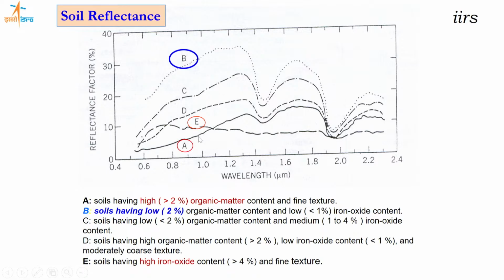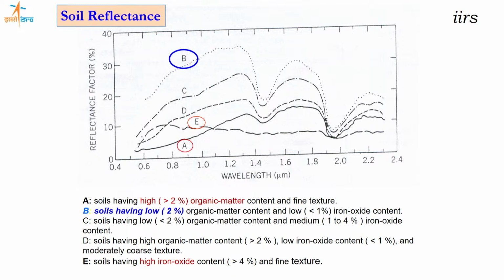So if I take the satellite data in this spectral wavelength region and in this wavelength region, and the reflectance becomes opposite, reversed, then I can say it is because of iron oxide or because of organic matter. I can identify it, and the quantity of reflectance is associated with the amount of organic matter content. Higher the organic matter content, lower the reflectance, and lower the organic matter, higher the reflectance.